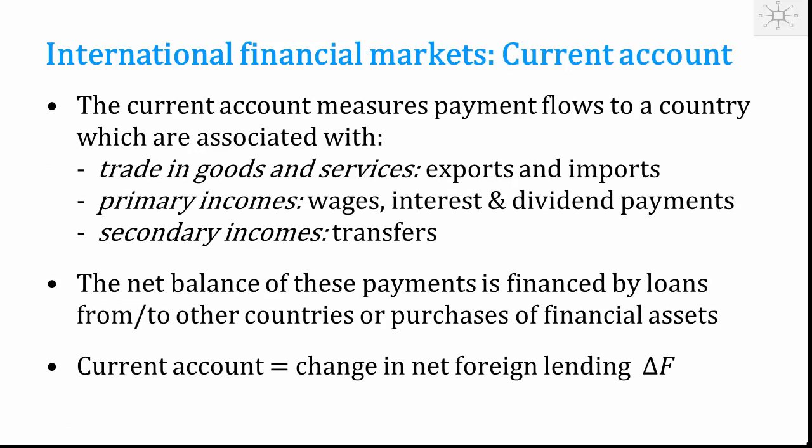So the current account measures the payment flows to a country, and these payment flows are associated with trading goods and services, that is exports and imports, so-called primary incomes, which are wage payments for working abroad, interest payments on funds abroad, also dividend payments to the extent that firms or households in the country own companies abroad that pay dividends.